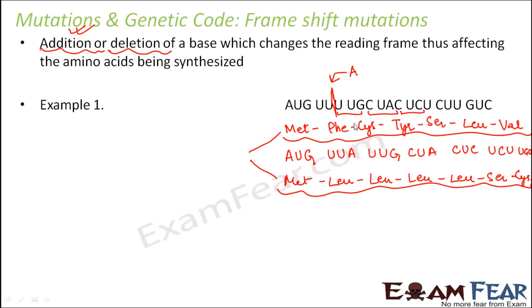Why so much difference? Because you just inserted one base, but it changed the entire reading frame. Because of the insertion of that one base, the entire thing got shifted, and that is why it is called frame shift mutation. So in this case, you see a total change in the amino acids.